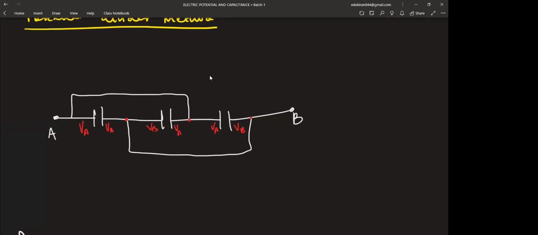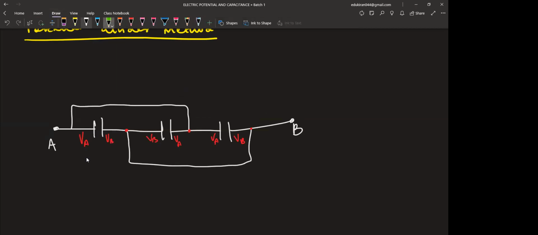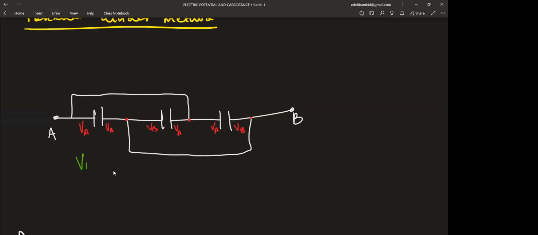From here, the potential has divided. Now look class. What is the potential difference of these two? This is VA minus VB or VB minus VA, same thing. Here also VA minus VB, and modulus we'll be talking, so both are the same. Here also it is VA minus VB.